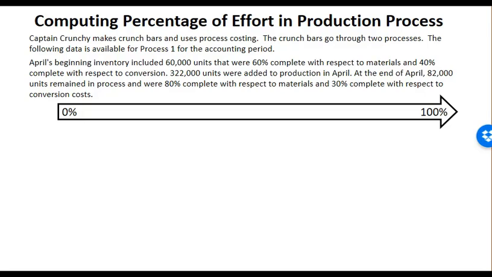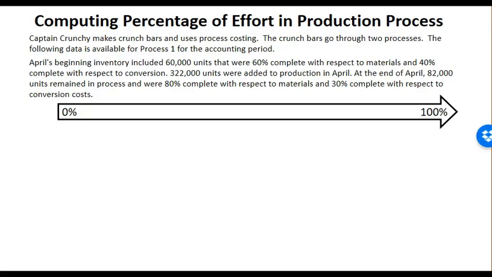Now we're going to take a look at computing the percentage of effort in the production process, and I'm still using the exact Captain Crunchy example. The difference is that in addition to the physical units I talked about in our first example, now I've added the percentage of completion that these units have gone through during the process in April.